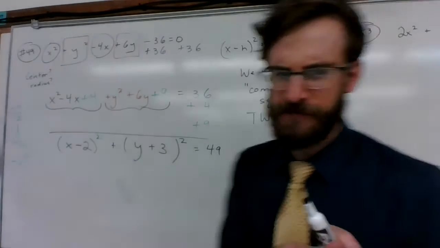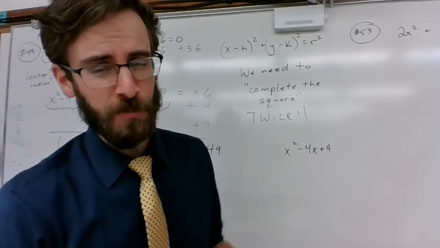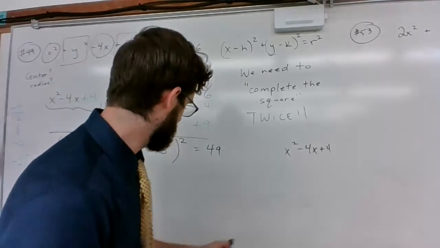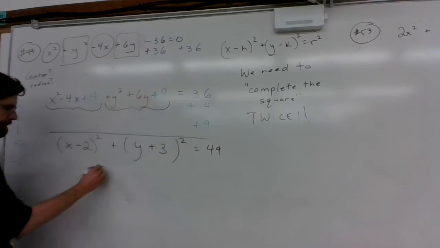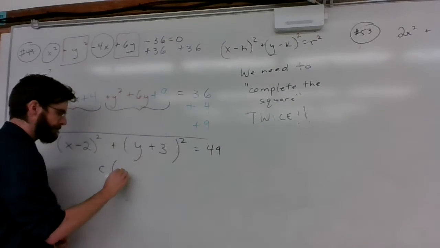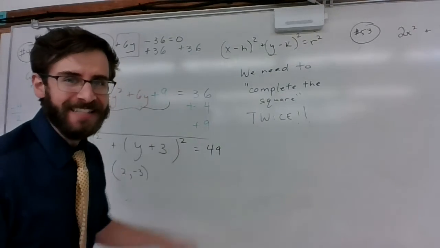I'm not going to show it on this video because I want to keep us moving forward. We've already had 2 videos. Your endurance is probably starting to wane a little bit. Oh, let's answer the question. What's the center? 2, negative 3. What's the radius? The square root of 49, 7.